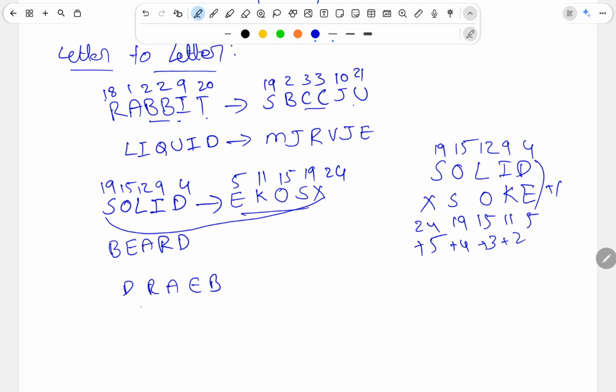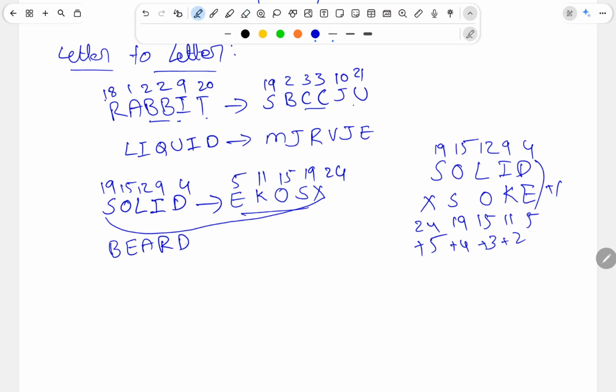DRAEB. Now increase. First letter, how much should we increase? Plus 5. Solid, we increased 5. So D plus 5 is, or otherwise you write from the reverse.